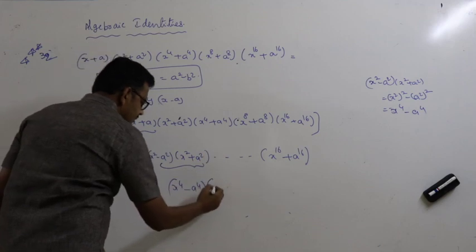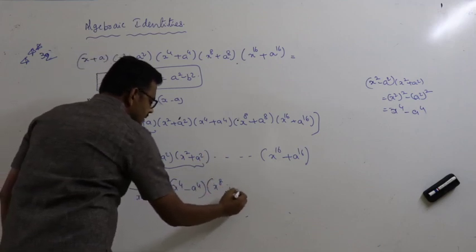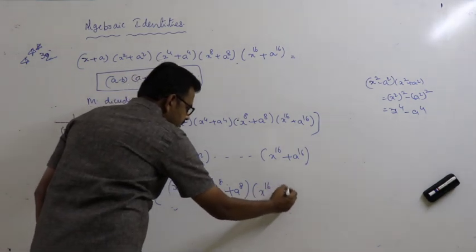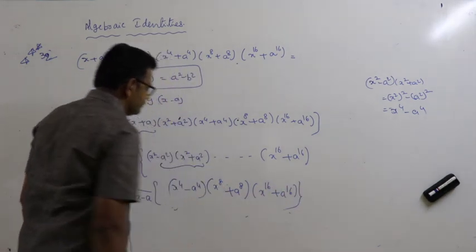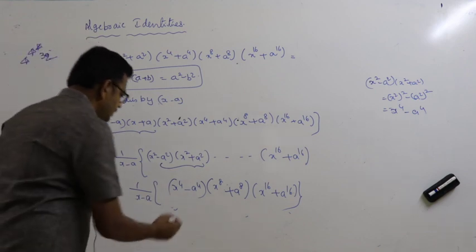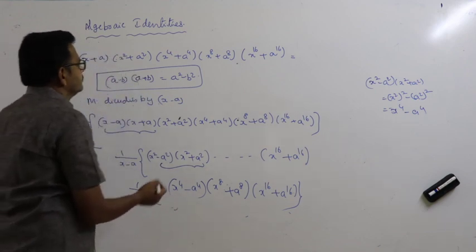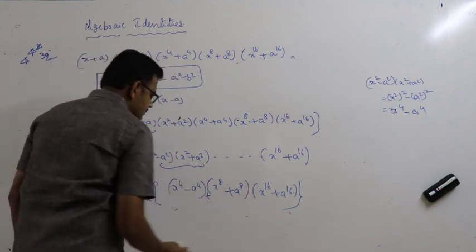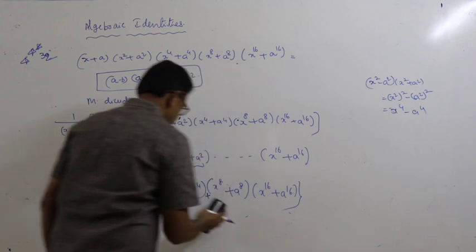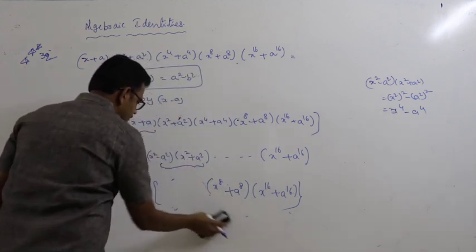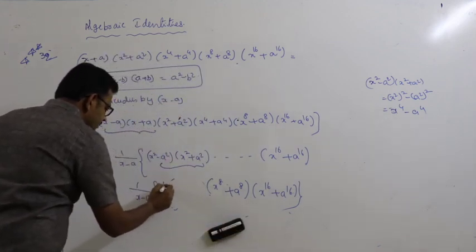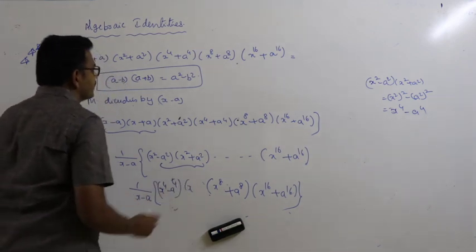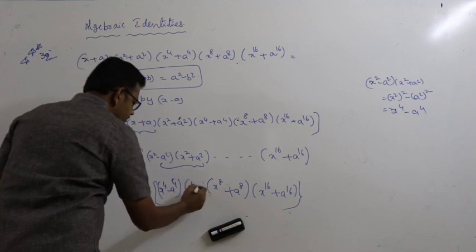Already the term is there: x to the power 8 plus a to the power of 8, into x to the power 16 plus a to the power 16. Again, one term is there. So these together: x to the power 4 minus a to the power 4, into x to the power 4 plus a to the power 4.